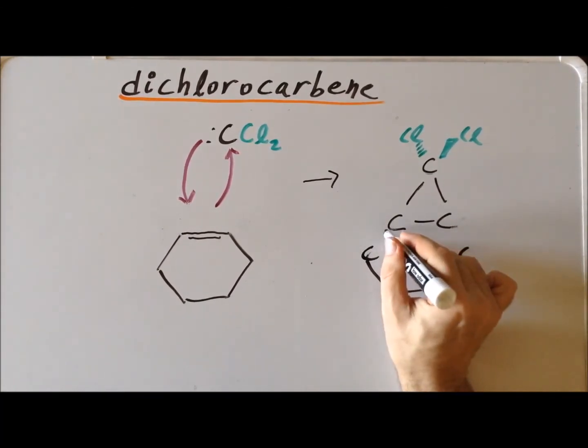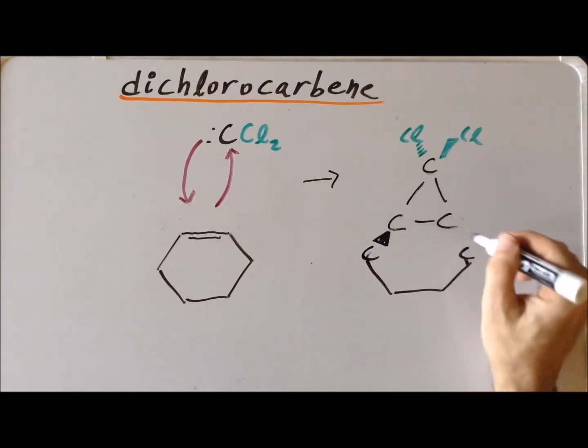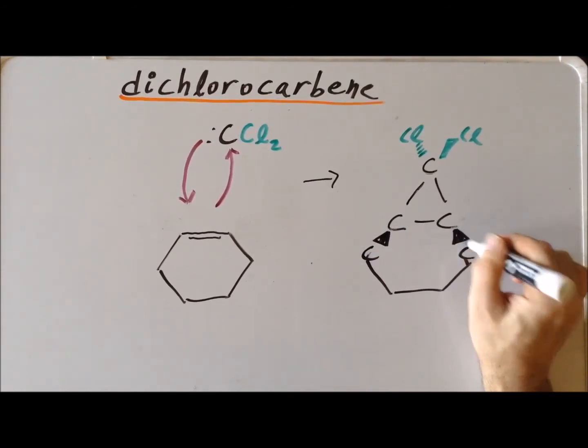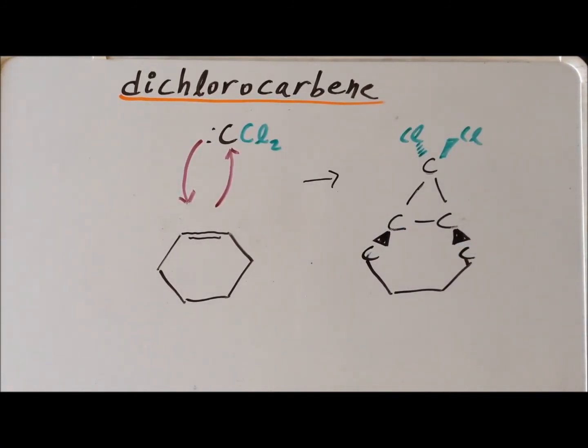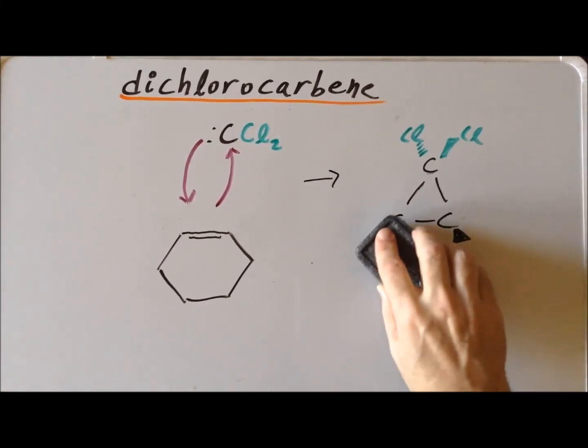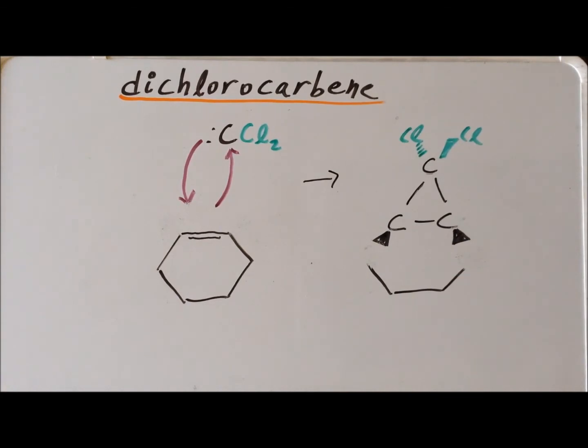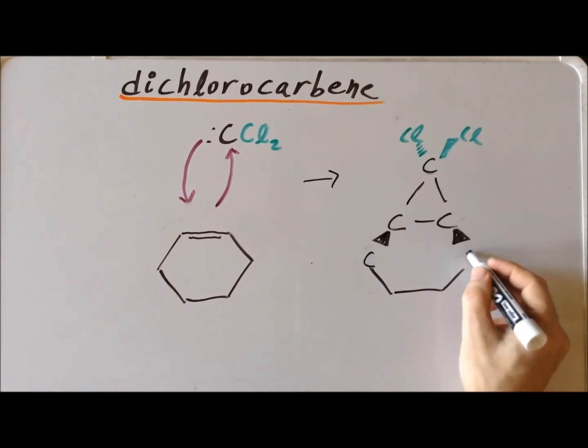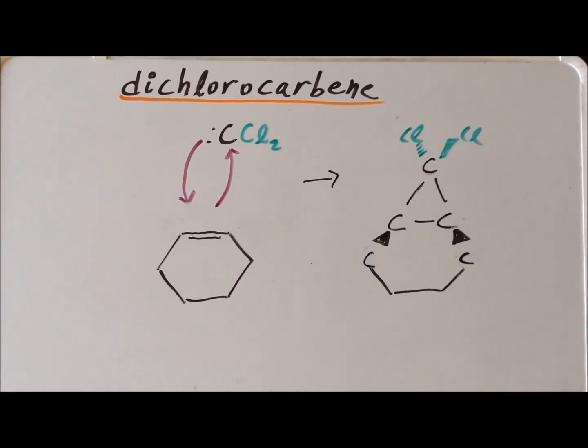I'll also draw the carbon explicitly. And then show that they're both above the plane in this particular case. A little neater here. So again, this is a consequence of the fact that reaction with singlet dichlorocarbene is a concerted reaction that is cis, so it preserves the stereochemistry of the original alkene.